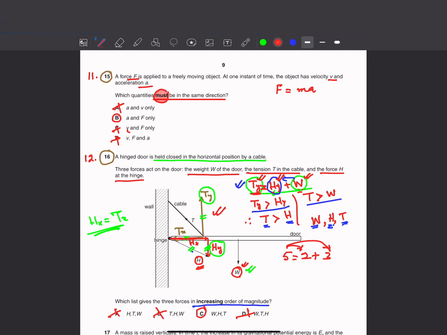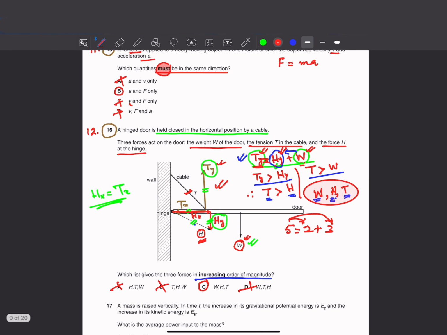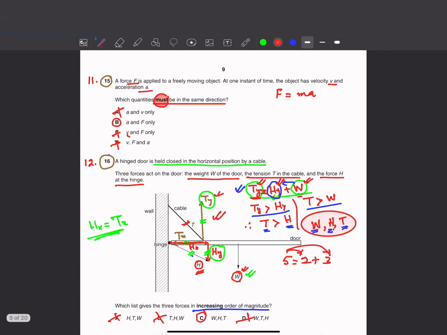The hinge force is greater than W, but T is greater than H. So this will be the sequence: W, H and T. Basically it's not a calculation here, we are just giving logical reasoning and we are getting the correct answer, which is C. I hope you have understood what I have explained.